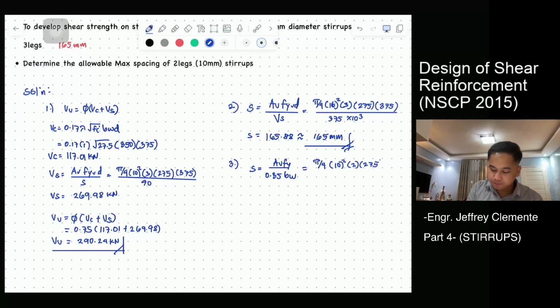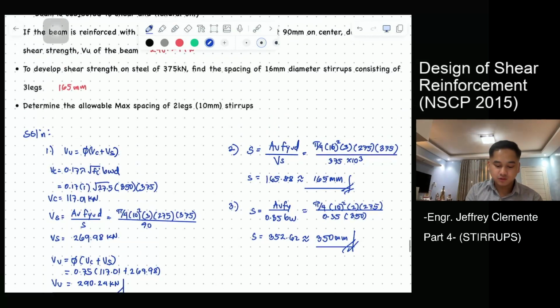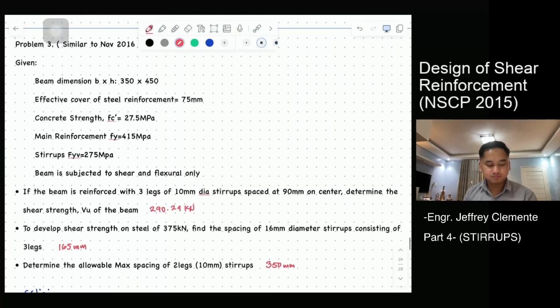Fy is 275. 0.35, bw is 350. Then spacing is 352.62. Approximately 350 mm. So that's the answer. I hope you get it. If not, you can ask me. So the answer is 350 mm.